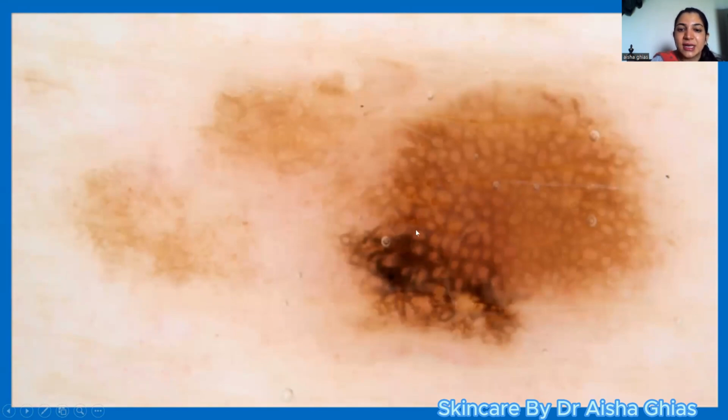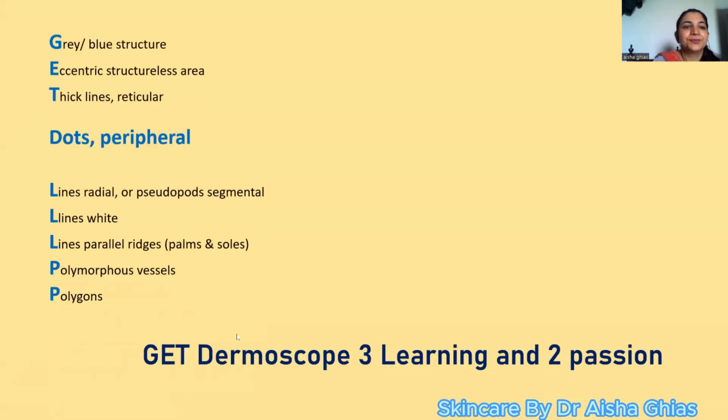So this is an atypical area. Even a combination of thin lines and thick lines raises suspicion. Thick lines reticular means that the network is an atypical network, and an atypical network obviously points to melanoma.